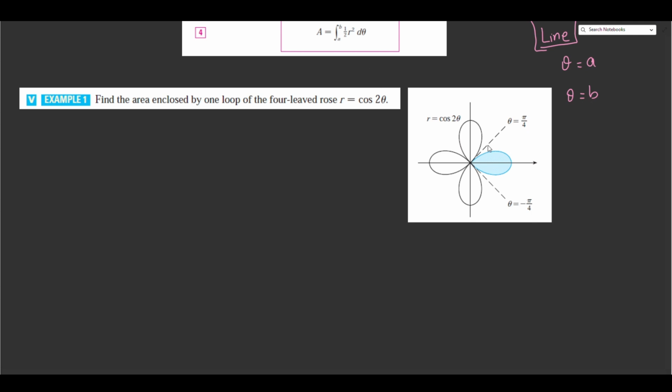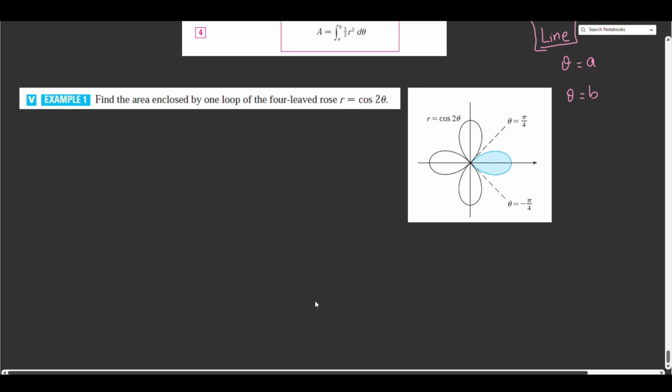But one more thing you need to remember here is the following. The area above the x-axis is symmetric about the x-axis.